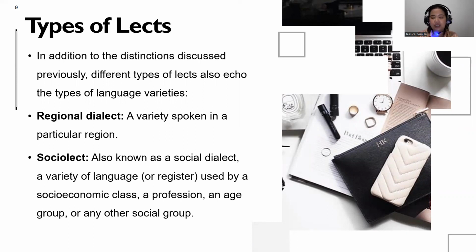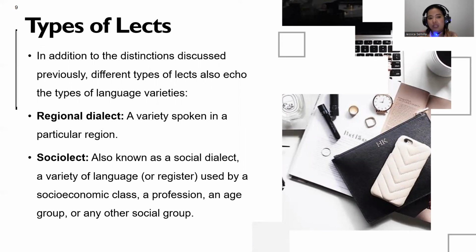If we are in the native countries, of course, we do have a different type of regional dialect also. And also, we do have the sociolect. Sociolect is basically a variety of language used by people from a socioeconomic class, profession, age group, or any other social group.